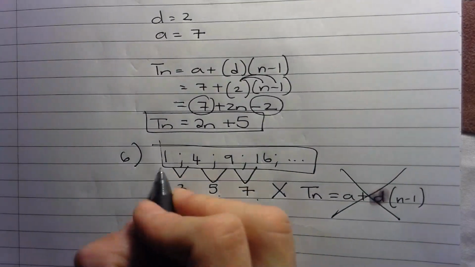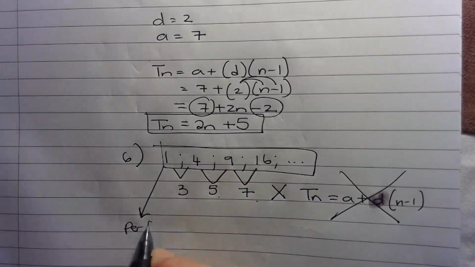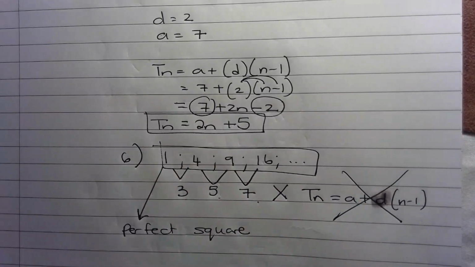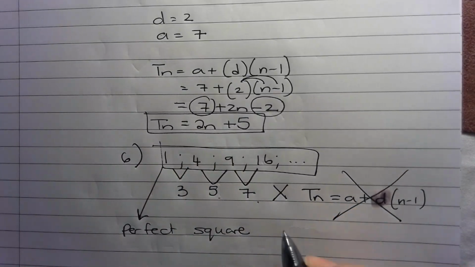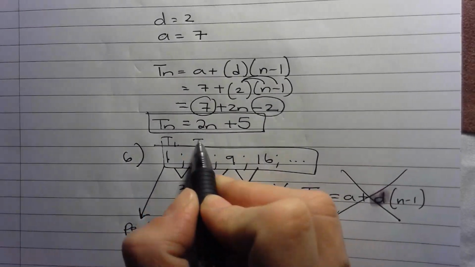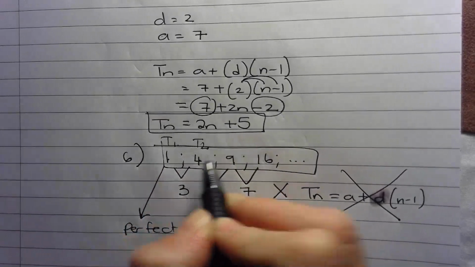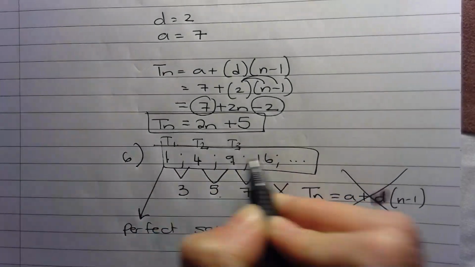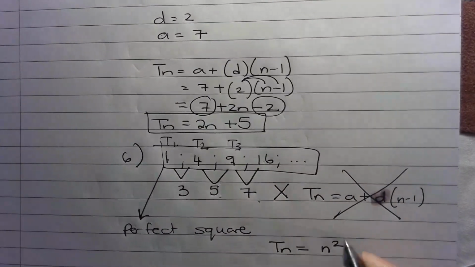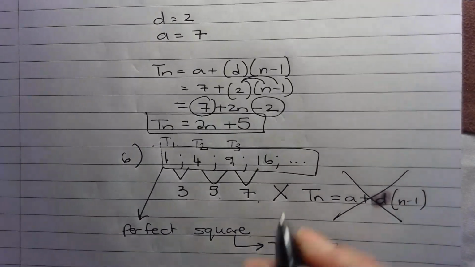You should be able to recognize it as a perfect square. And all this one is that you take your first term, T1 is 1 squared, T2 is 2 squared, T3 is 3 squared. So Tn is going to be n squared for my perfect squares.